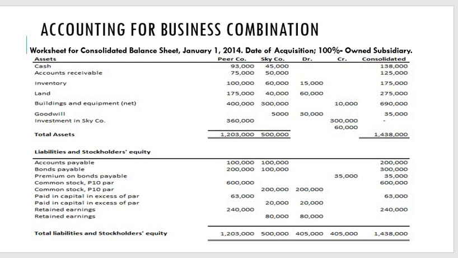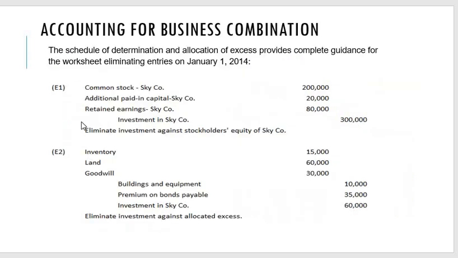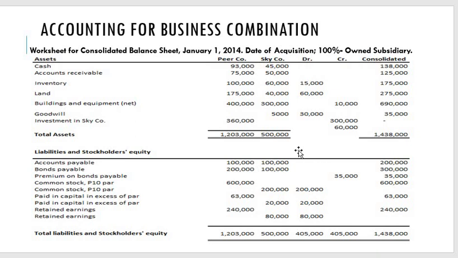So our first eliminating entry is to eliminate the investment account against the stockholders' equity accounts of Sky. Same as earlier, the purpose of eliminating entries is to eliminate the investment account and equity account. The investment in Sky Company, that's 300,000, we eliminate against the equity accounts of the subsidiary.